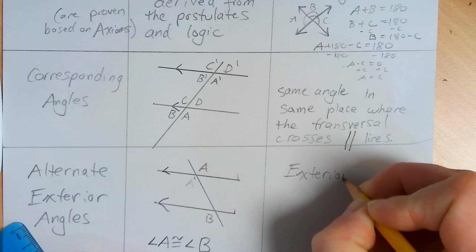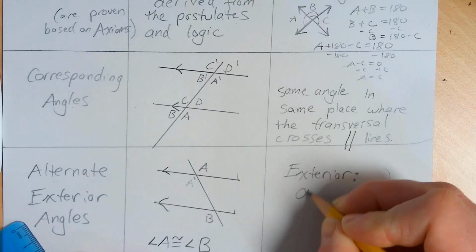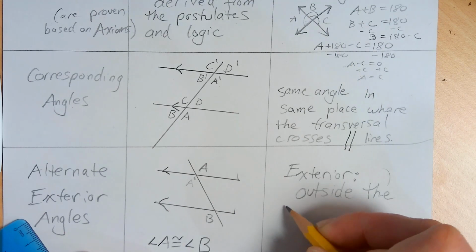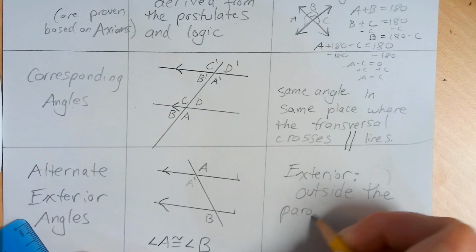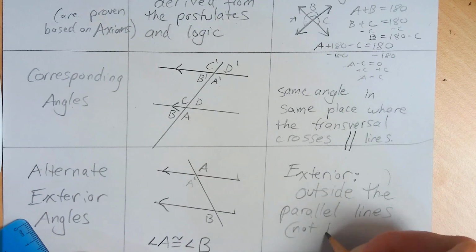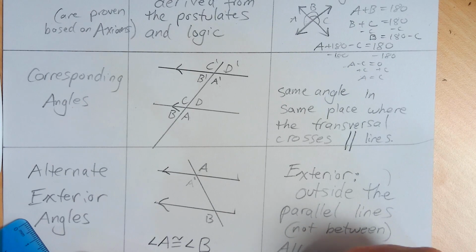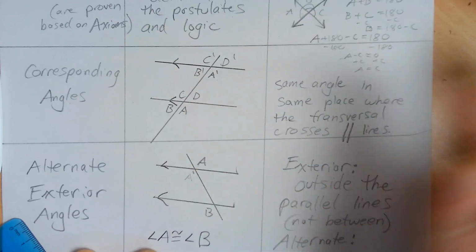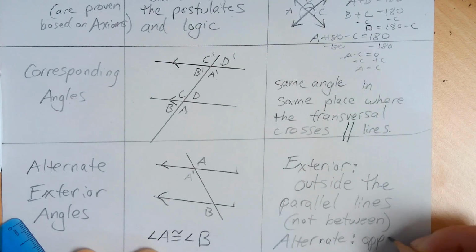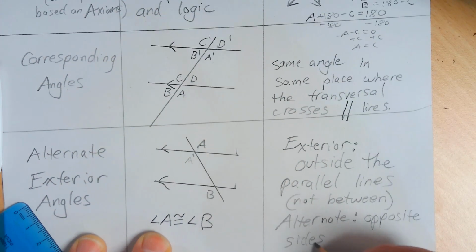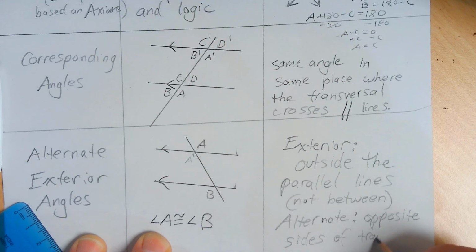Exterior, outside the parallel lines. Not between them. Alternate, opposite sides of transversal.